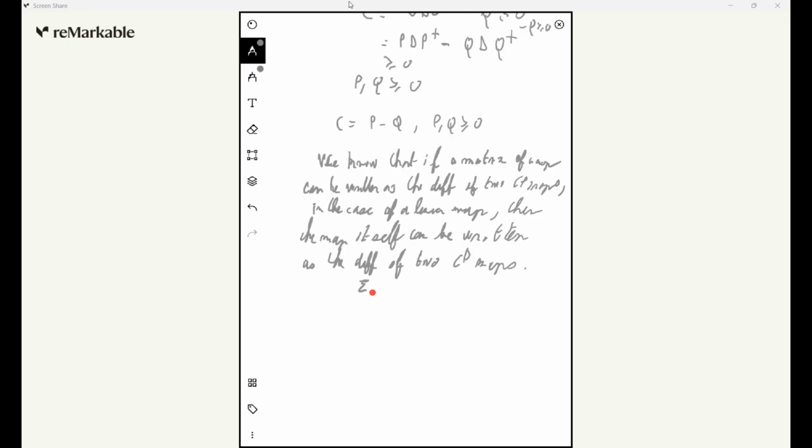So epsilon of C equals epsilon of P minus epsilon of Q, with this and this being CP maps.